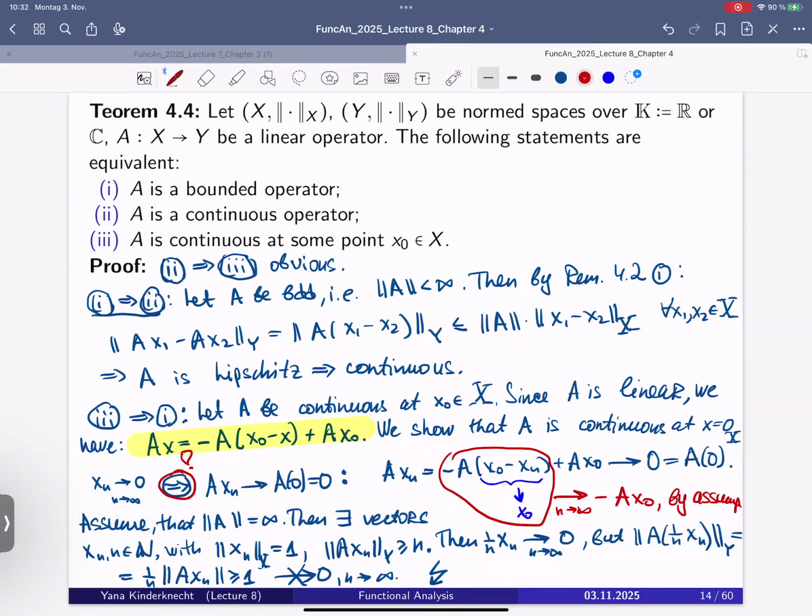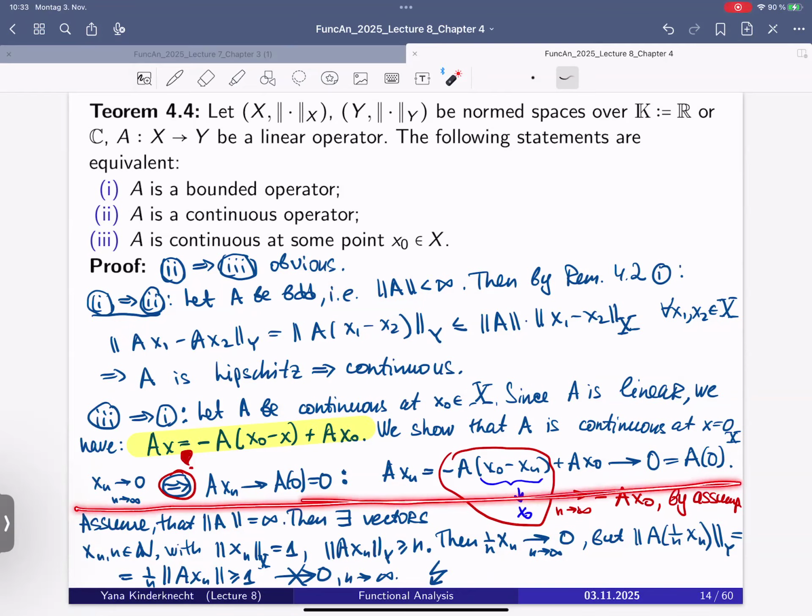This is not a question mark anymore, but this is a statement that under our assumption... So we have shown, so what has happened here? We have this, that A is continuous at some point x0. After that, we have shown that this A is continuous at 0, namely that this holds.